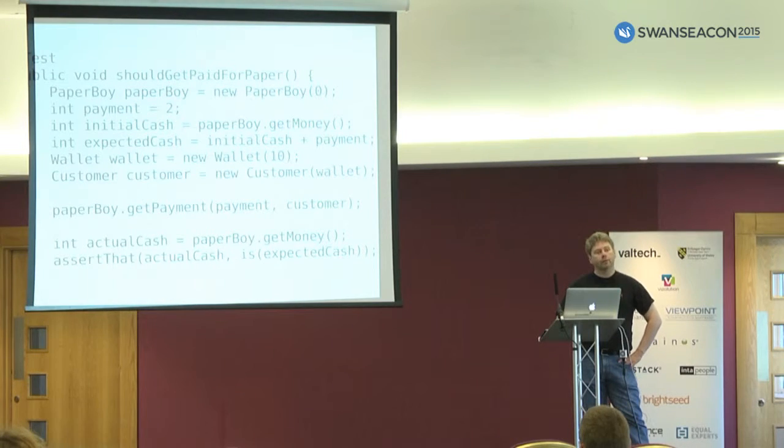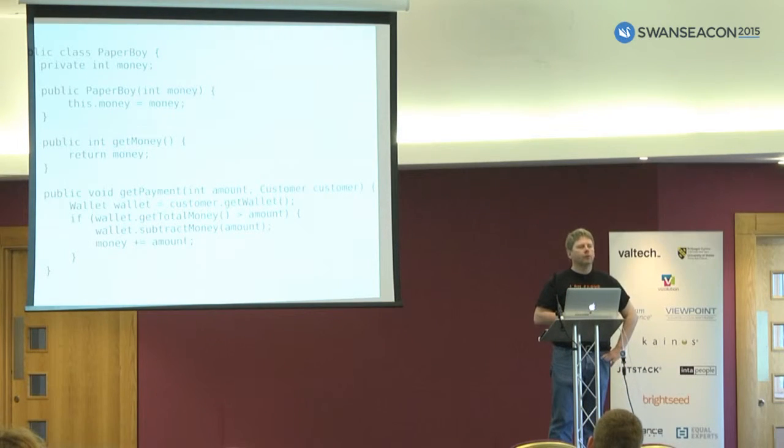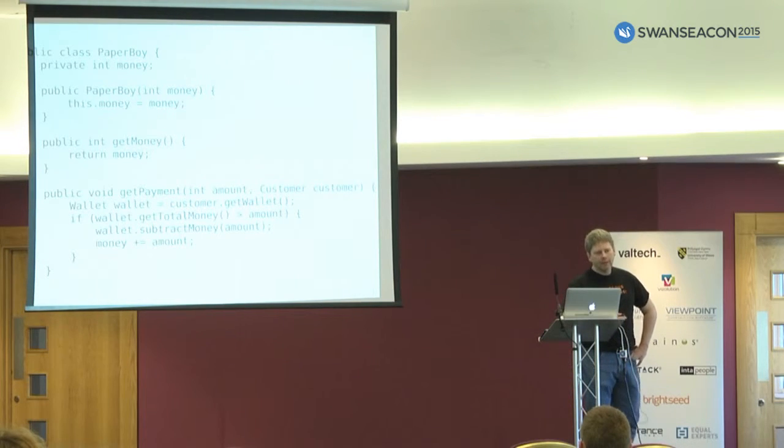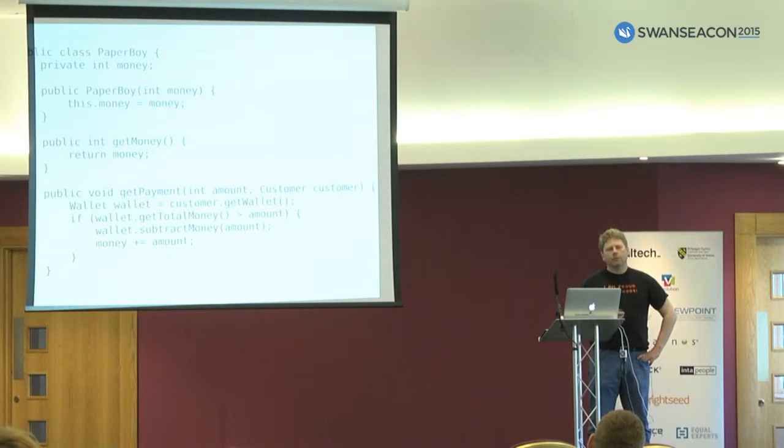Okay, this is one way of doing it. We're checking for state. How would this be implemented? One implementation could look like this. We have this Paperboy, and we know how much money he has. And then in get payment, we ask the customer for its wallet.